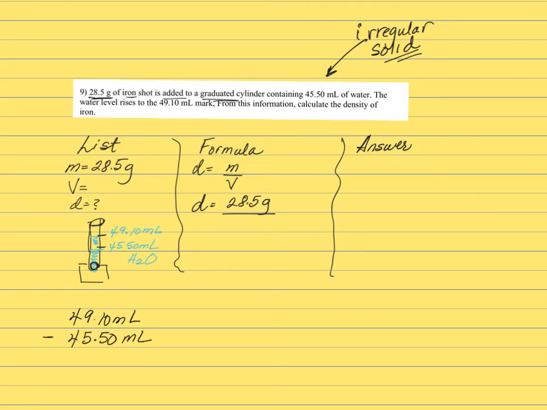Physical science. You're not in physical science? Are you taking physical science? Yes. How many of you are taking physical science? No, everyone is not taking it. So you are learning water displacement in physical science?